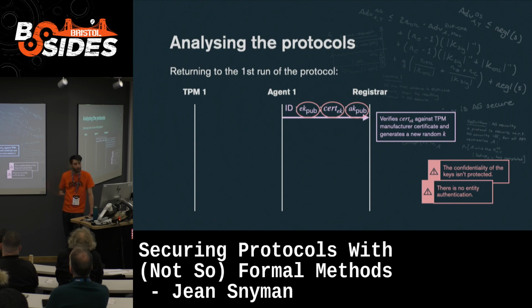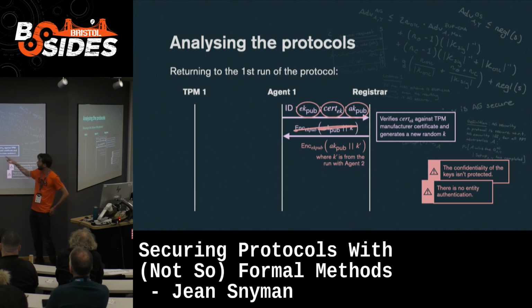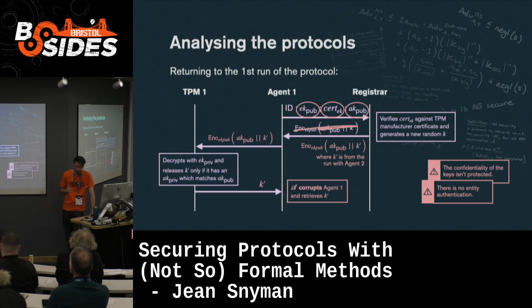If we return now to our first run of the protocol, we can take that encrypted message from the other run and inject it here in place of the encrypted message that the registrar sends back. So the registrar sends back its encrypted message, and our adversary swaps it out for the other encrypted message.